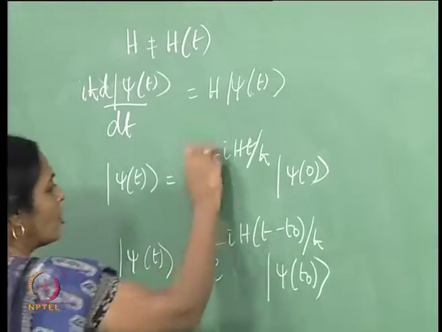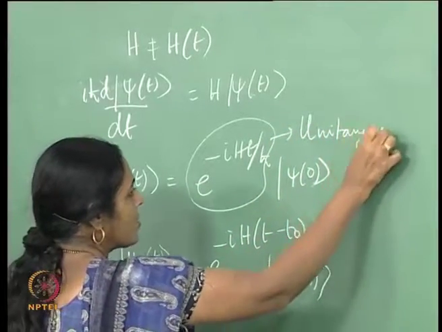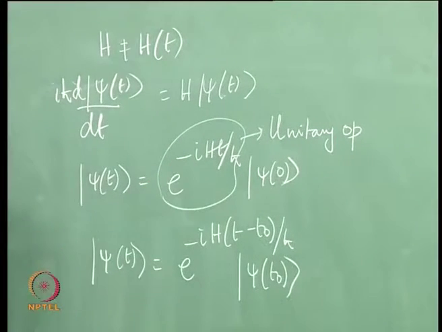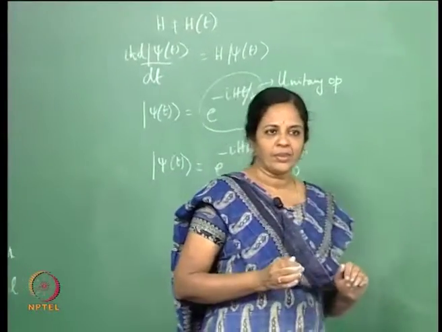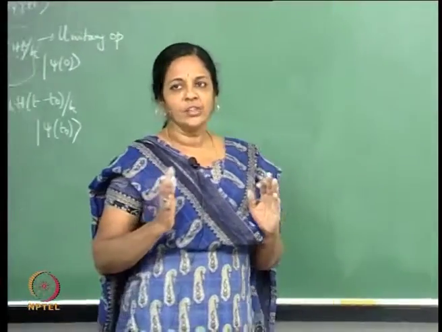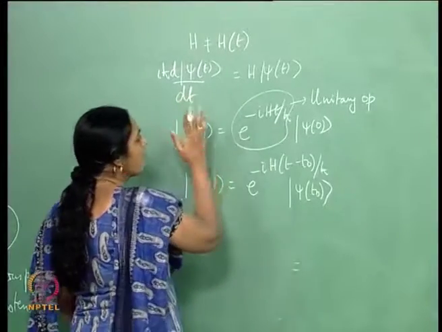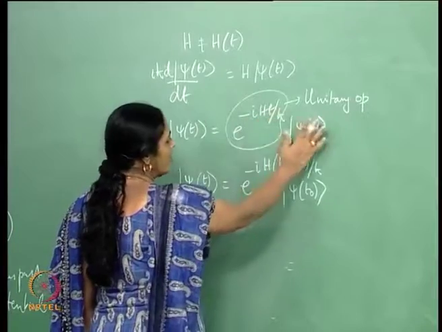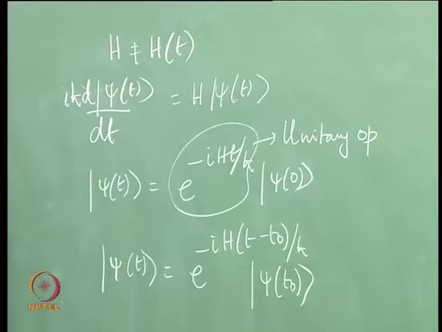This is a unitary operator by its very structure, because the Hamiltonian is Hermitian and you have e to the minus i times the Hermitian operator. Now, even if H were a function of time, we will consider that a little later, still the evolution is a unitary evolution, and psi of t would be related by some unitary operator to psi of 0. It is a unitary operator acting on psi of 0, though it does not have such a simple form.